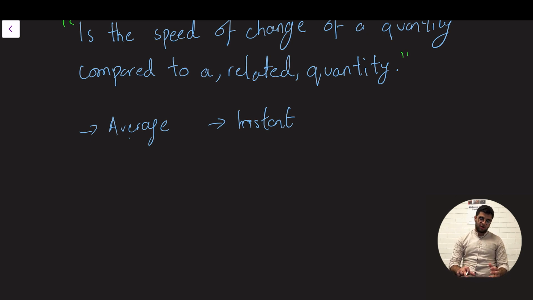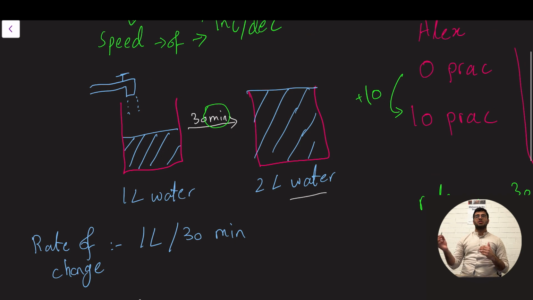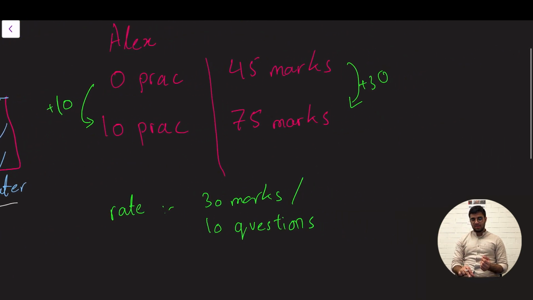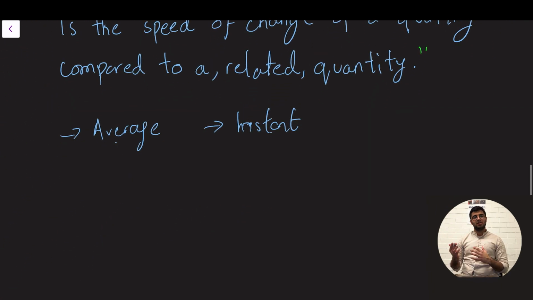For our example, the water increases over 30 minutes, so that is a period of time. Here, he does 10 practice questions and gains 30 marks, so that is over a period of 10 practice questions. Or if you are traveling somewhere, how your speed is changing over the hour you drove. So that is average rate of change.